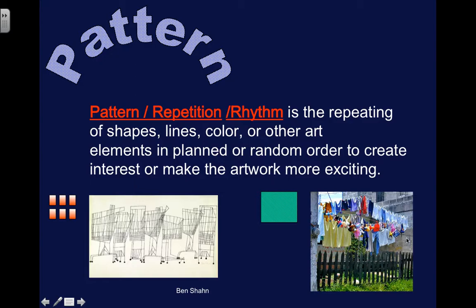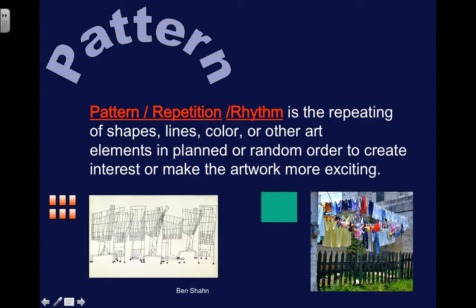You can also see in the brick wall in the back here that we've got a pattern of creating a different design within the bricks, and then the clothes themselves, which are more random, but still create a pattern.